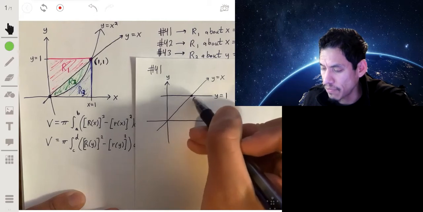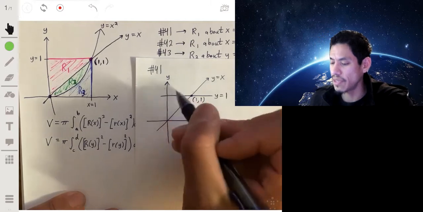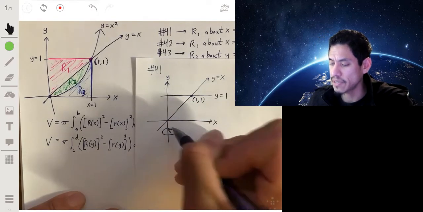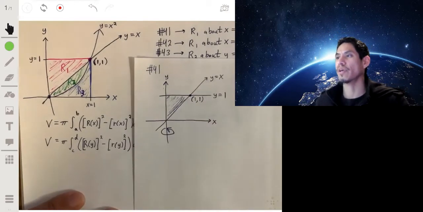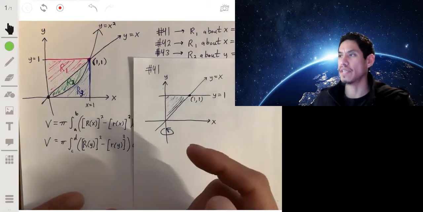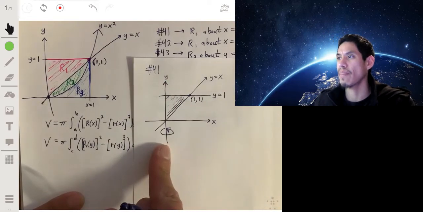That'll be at 1, 1. And so we want to revolve this about this axis. So we're going to integrate with respect to y in this case, because it's a vertical axis of revolution.